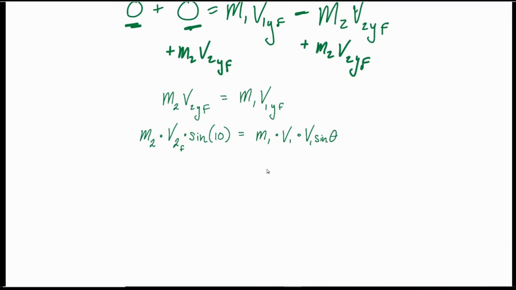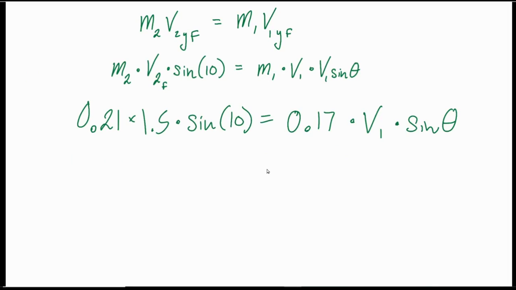Now I'm just going to plug in the numbers I already know. M2 is 0.21 kilograms, 1.5 is that final velocity for V2, times sine of 10 degrees, because it went up at 10 degrees. M1 is 0.17. V1 I don't know, and sine theta I don't know.